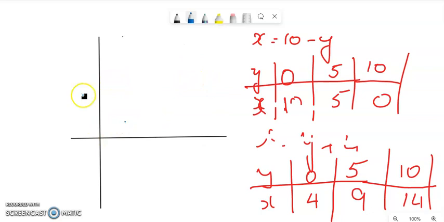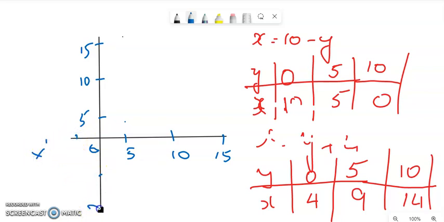So here, what will be my readings? I'll go for 0, 5, 10, 15, same here also, 5, 10, 15. Obviously this is the negative side, and this is also the negative side for the y-axis. This is negative for x.